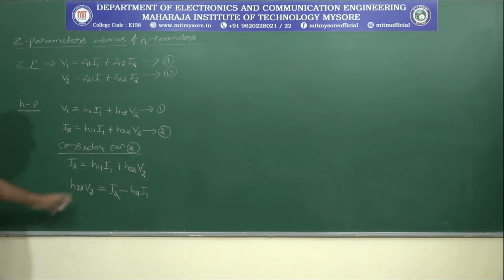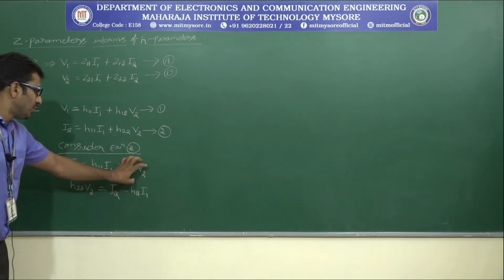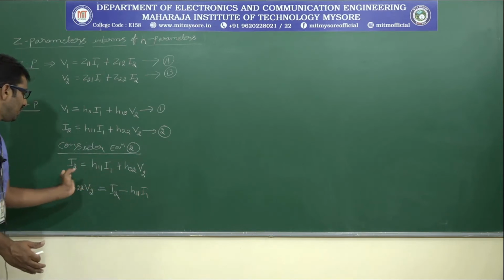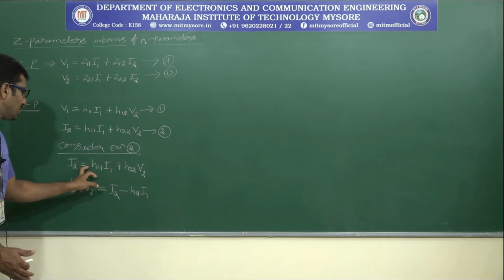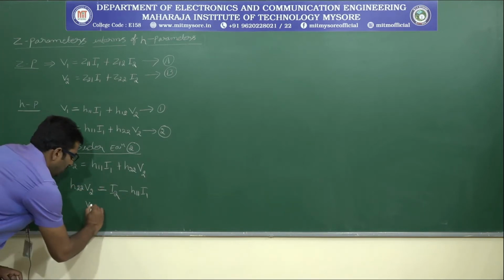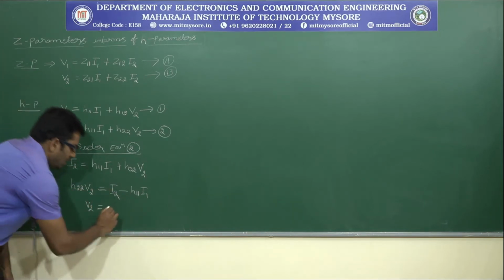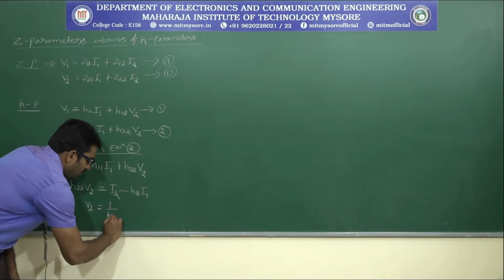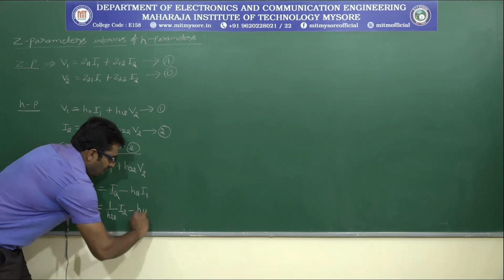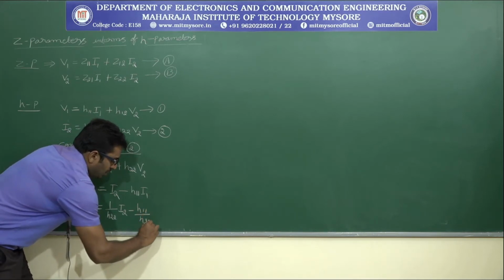Is it clear? See, I am keeping this H22 V2 on the left hand side only. Just shift this to the right hand side, so this sign becomes minus. Now, V2 is equal to 1 by H22 I2 minus H21 by H22 I1.